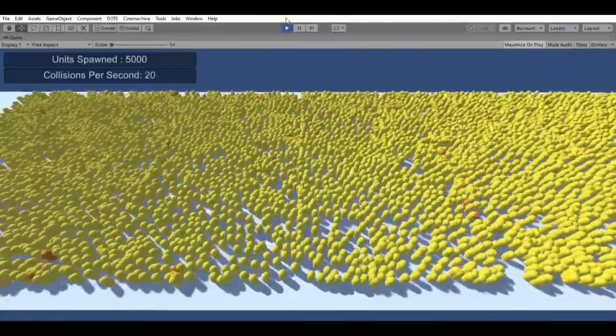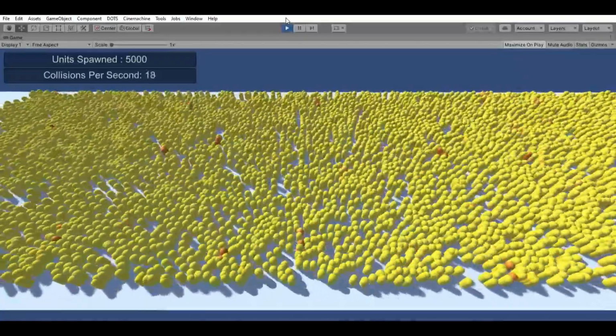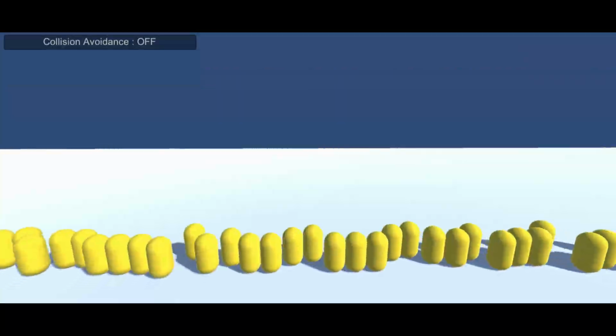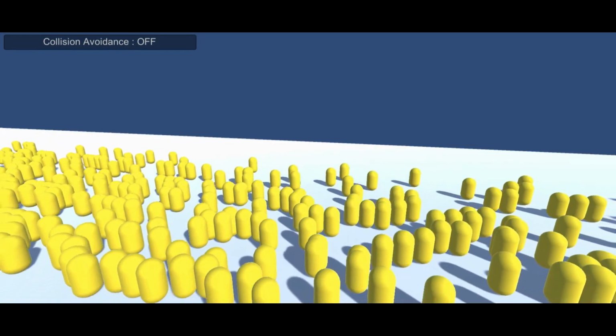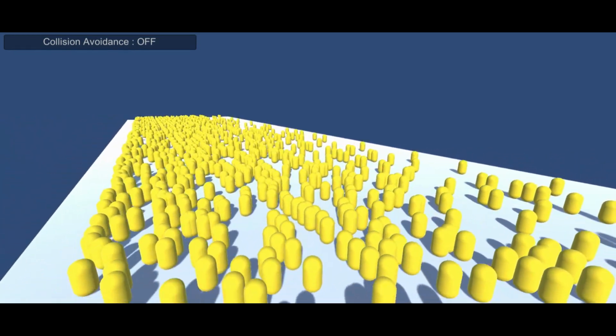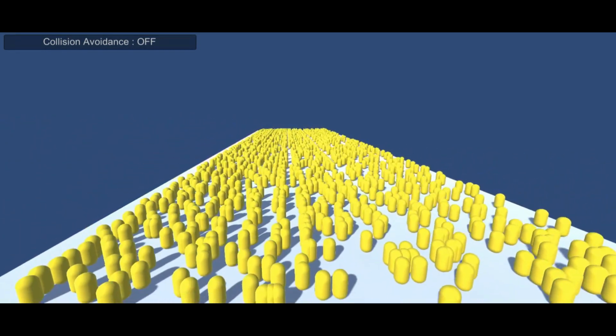So I can safely say that avoiding the closest unit first produces a better collision avoidance behavior. Nonetheless, streamlined crowd behavior can be seen in both these methods, which is what happens in real life.